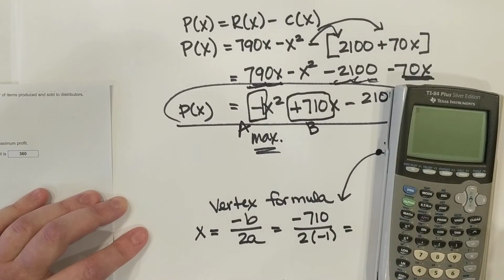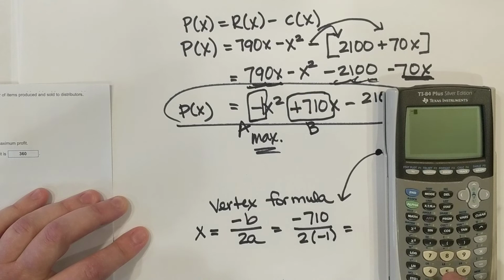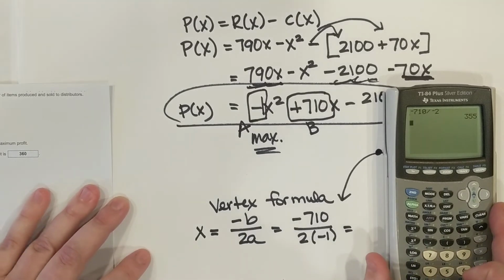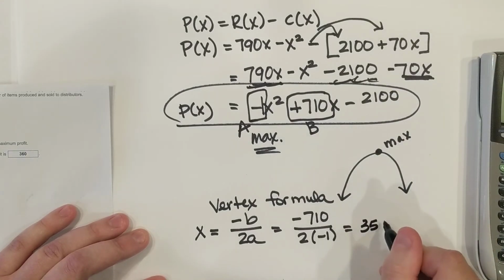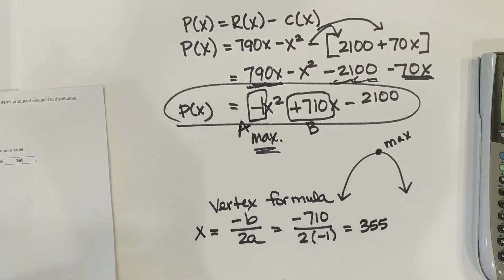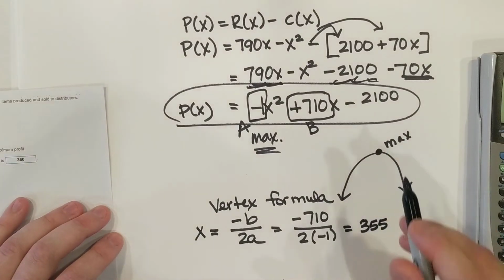Okay, so I'll go to my calculator, see what we've got here. Negative 710 divided by, well, that's negative 2, 355. All right, so we must have about 355 items in order to get this maximum profit.